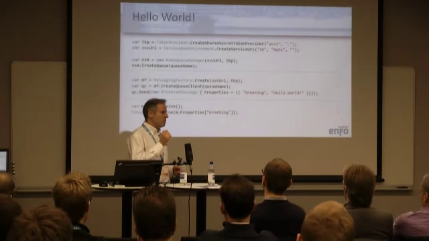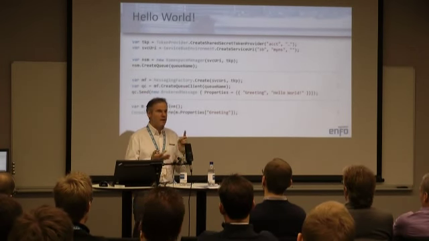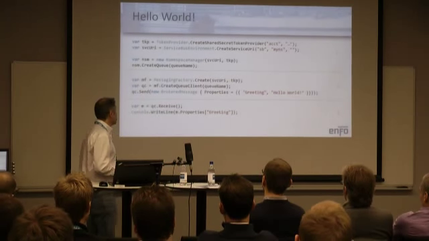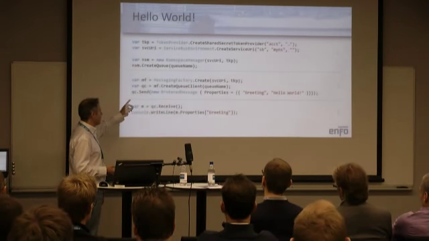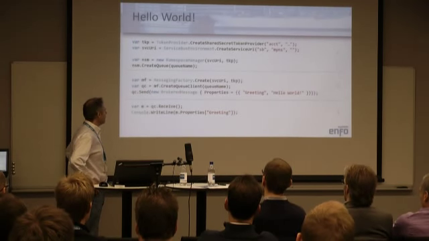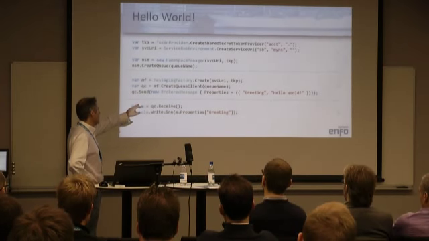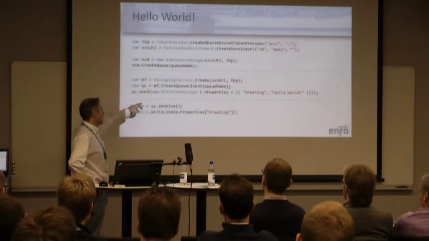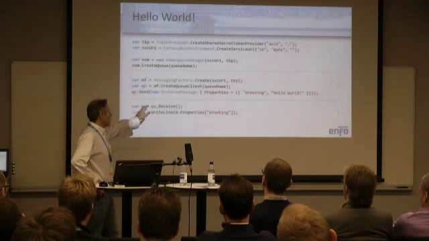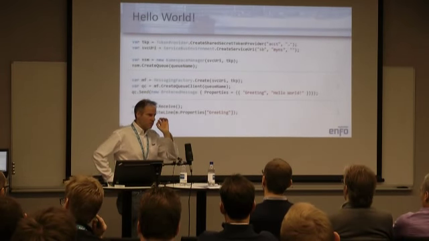So the messaging API provides a queue client, a subscription client, and a topic client. So I'm using, in this case, the messaging factory to create a queue client, and then I use the queue client to send a broker message. And I want you to know one thing, because this is key.